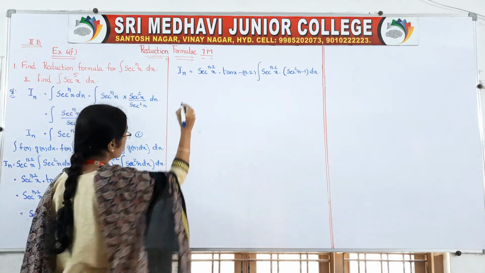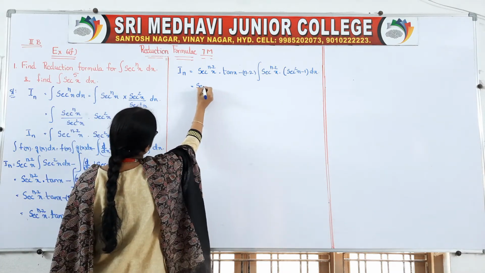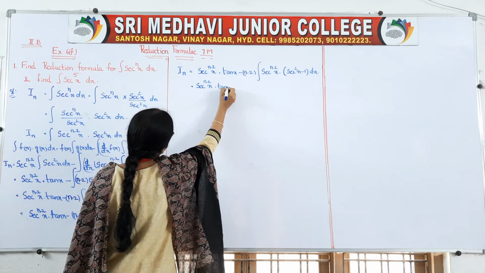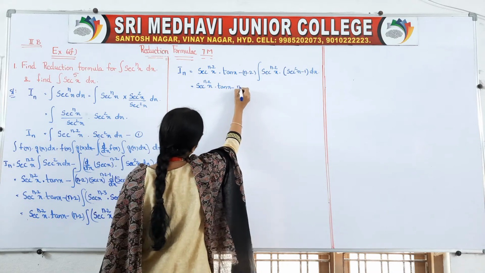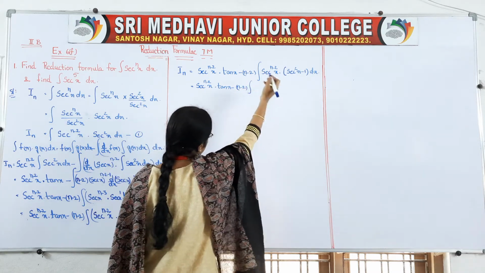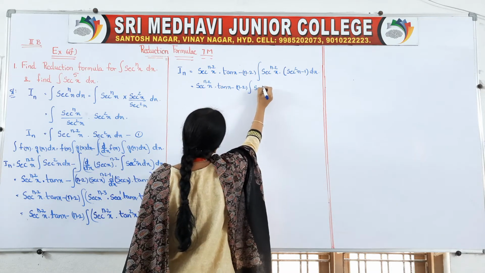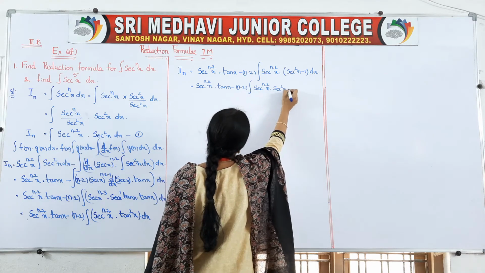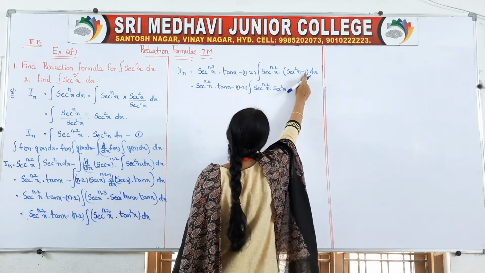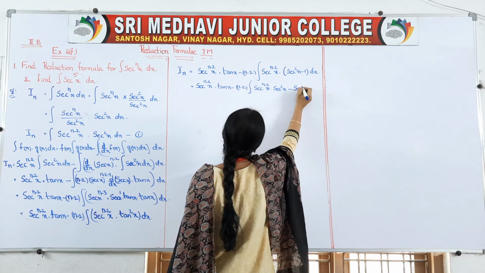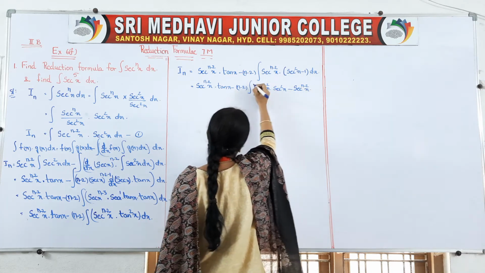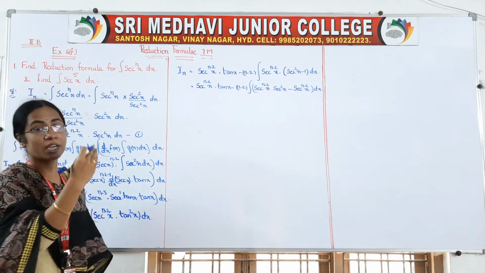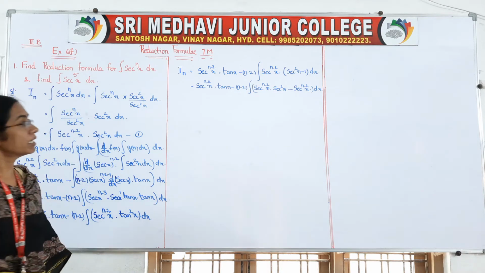So separate it. We get secant to the power of n minus 2 x into tan x, minus n minus 2 into integral of secant n minus 2 x into secant square x, minus secant n minus 2 x into 1, which is secant n minus 2 x, into dx. Whenever a minus sign is inside the integral, we have to take separate integrals.